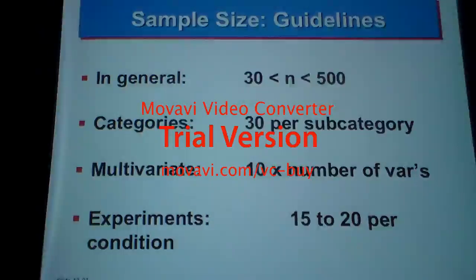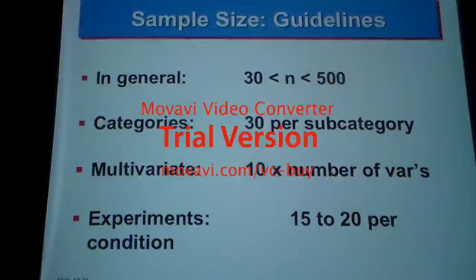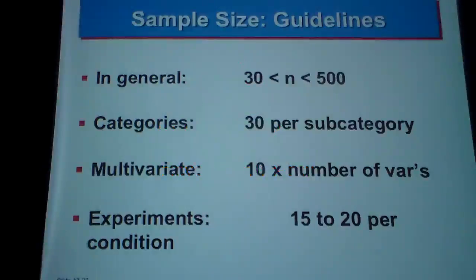But if you are dealing with categories, here we go back to the scales. Which scale was used for categorizing? If you are dealing with categories, you need to take 30, the minimum, per subcategory. For each category, you take 30.